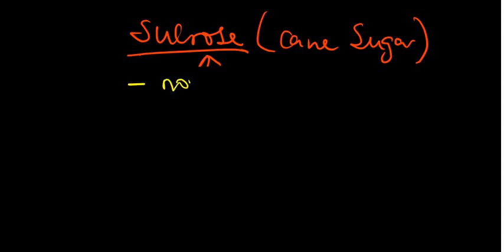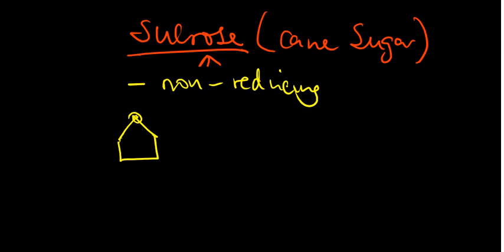So it is non-reducing. Okay. The reason why is because when we look at fructose, let me just draw a rough sketch. This is fructose. Fructose is binding on this, which is carbon number 2. This is where the bond is being made. And then on glucose, which is a 6-membered pyranose ring, this is carbon number 1.